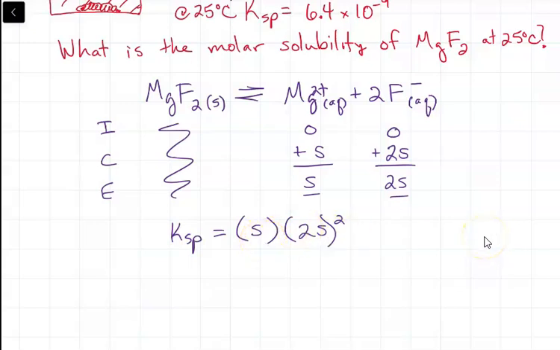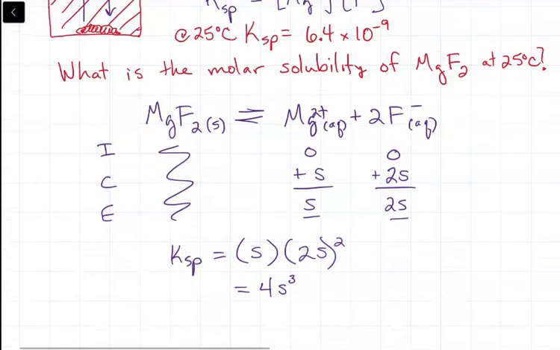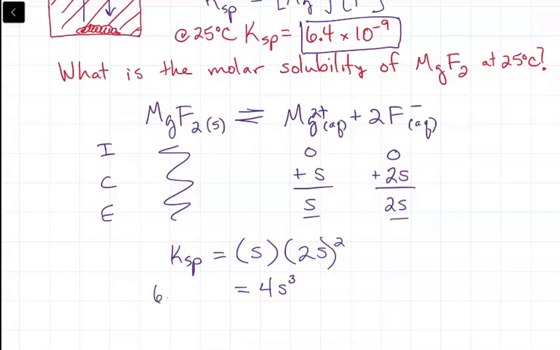So instead of 4S squared, we end up with 4S cubed. And I said that that was equal to Ksp, but actually we know what our Ksp is, so we can go ahead and plug that number in, right? So that is equal to 6.4 times 10 to the negative 9.